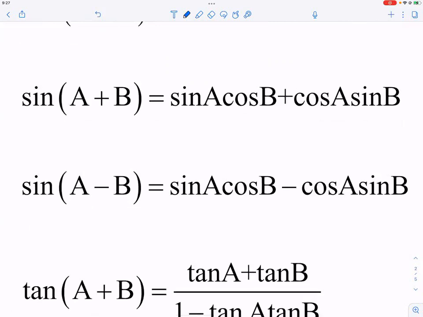For the sine function, the addition of angles is still addition right here. That's normal. What's kind of not normal, confusing, is that you have to do sine A cosine B and then cosine A sine B. Just a little bit of a switch.